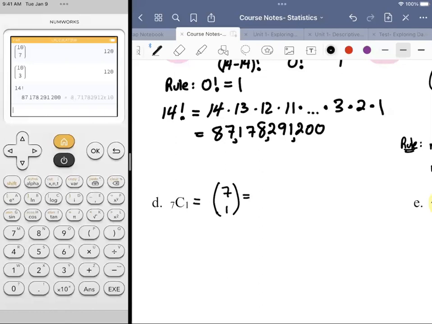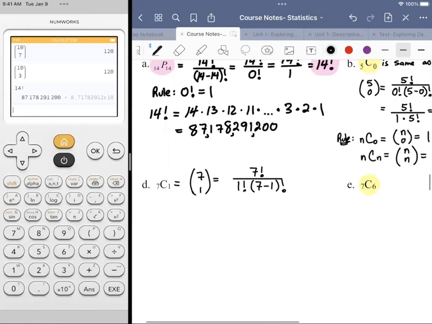So that's going to be equal to 7 factorial over 1 factorial times 7 minus 1 factorial. Apparently sometimes I make verbal typos. Anyway, we can clean this up a little bit: 7 factorial over 1 factorial times 6 factorial.